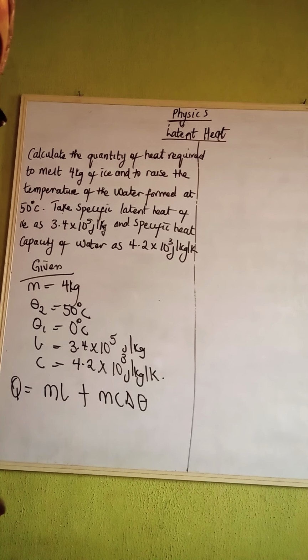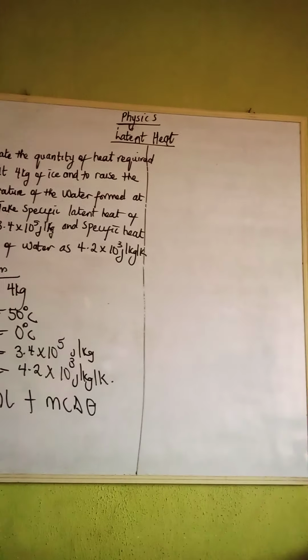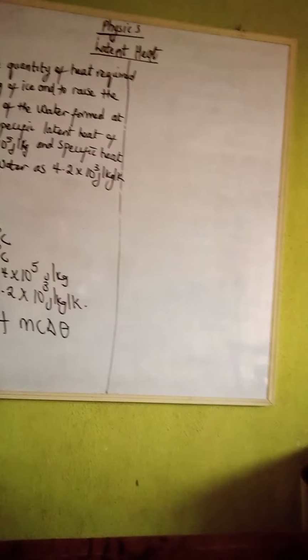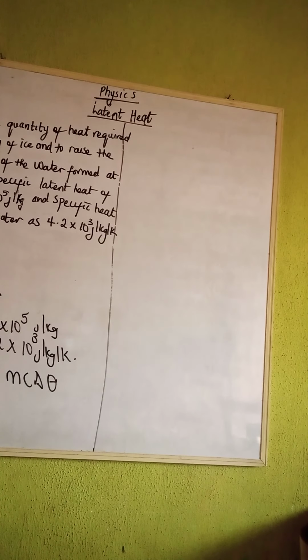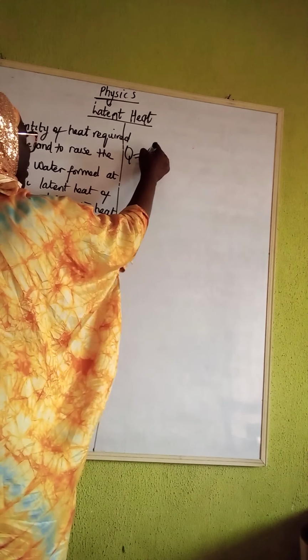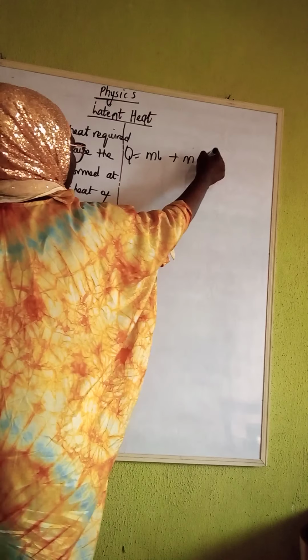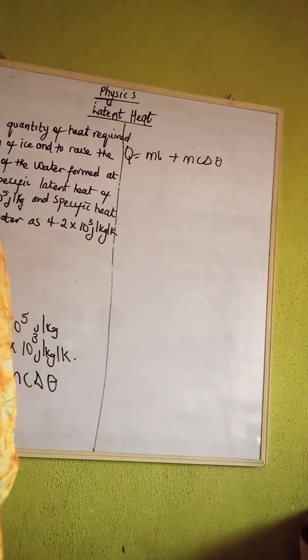Okay, so now that we have Q equals ml plus mc change in theta, our mass is 4 kilograms.